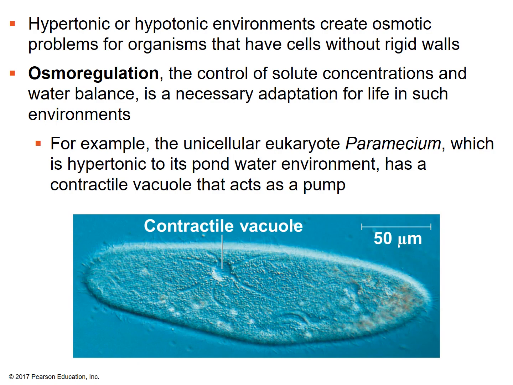So, for example, we have seen a contractile vacuole in action. This is necessary for the eukaryote Paramecium, which in its hypertonic environment has to be able to pump water out of the cells as fast as it rushes in.